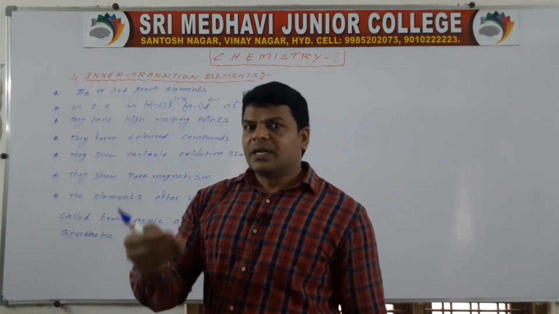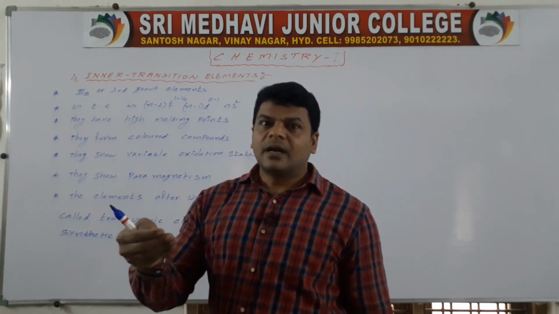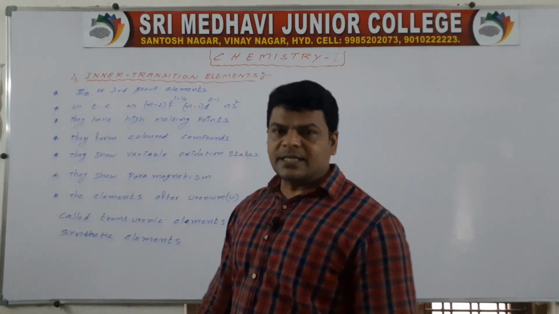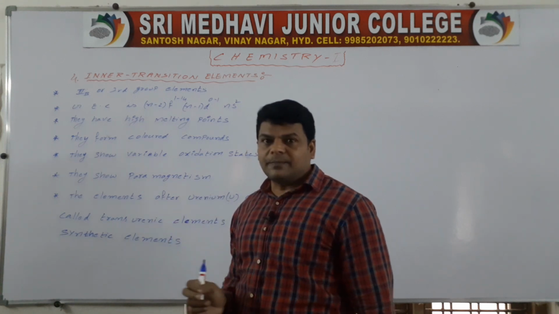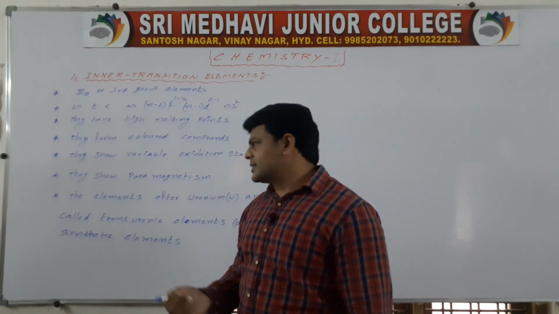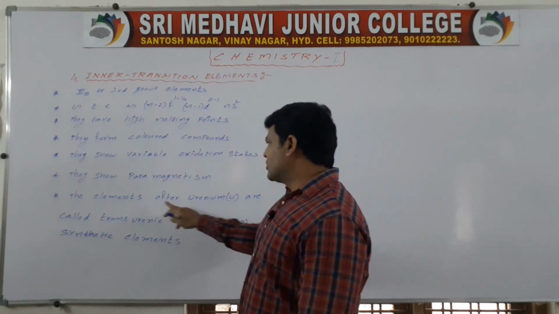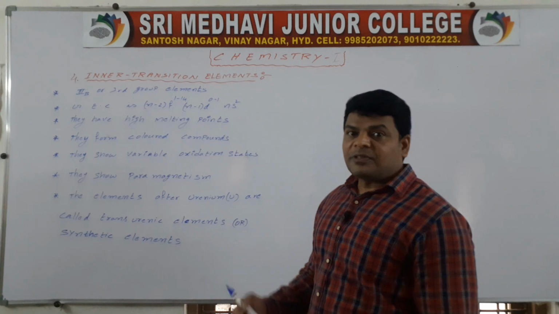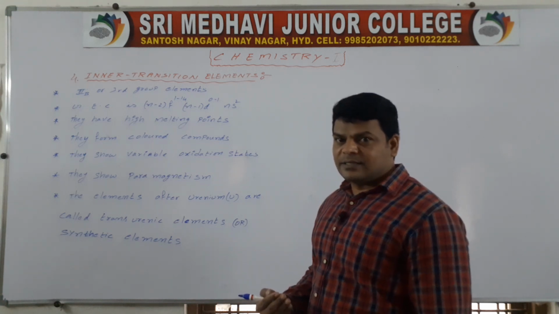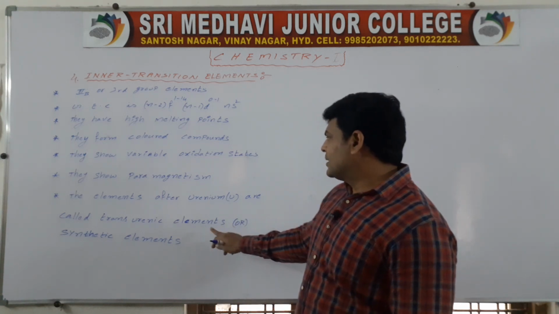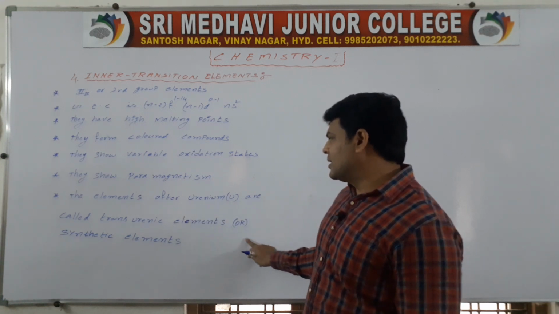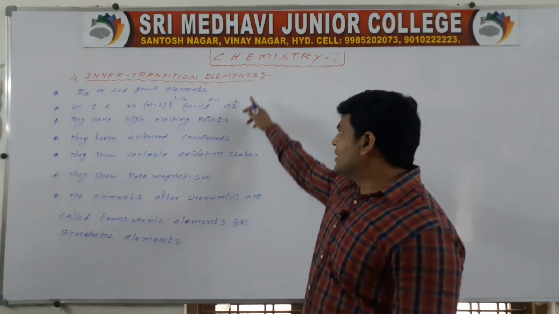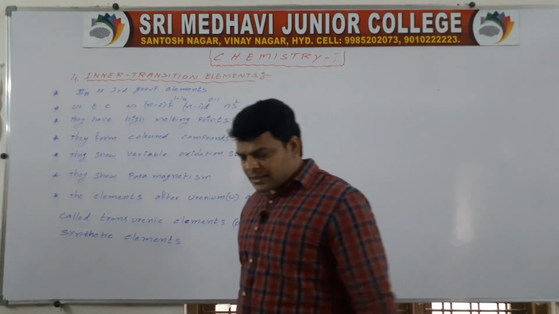Oxidation state means the charge present on the atom in the molecule. Magnetism we are going to discuss in second year. Uranium, atomic number 92, is placed in the actinides. The elements after uranium are called transuranic elements or synthetic elements. This is briefly about inner transition elements.